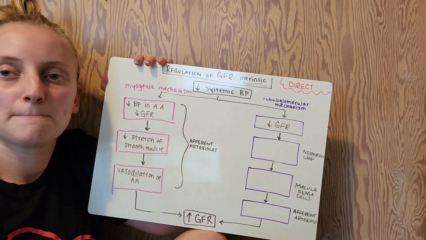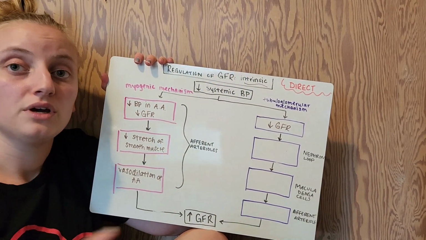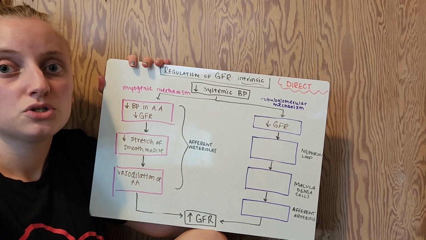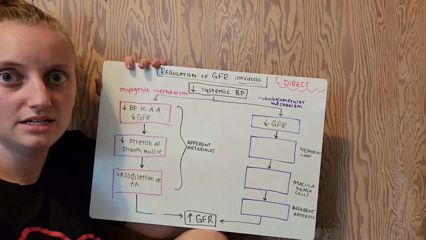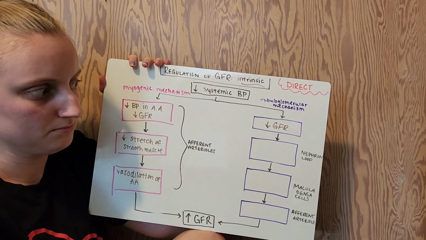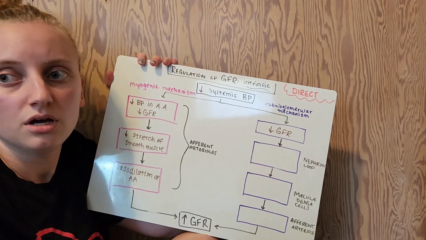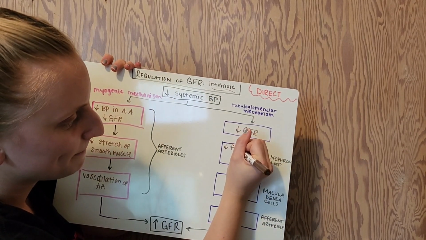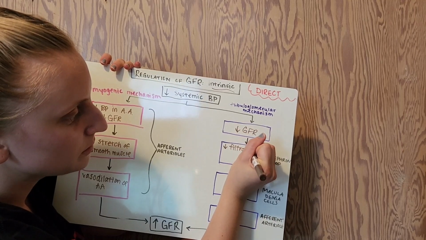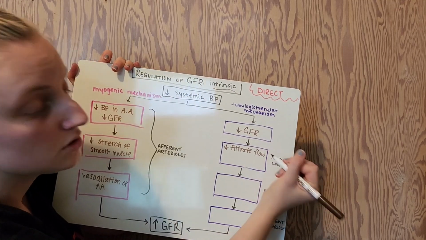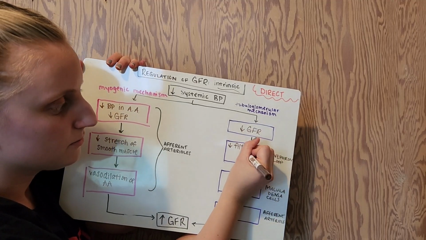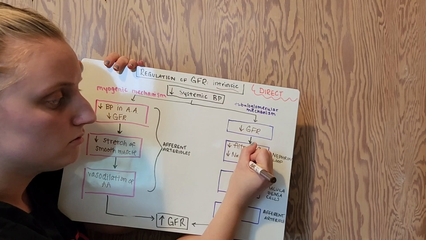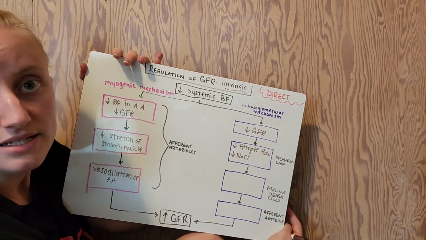Okay, next thing, because of our decreased GFR, we have decreased filtrate flow and decreased sodium chloride in the ascending limb of the nephron loop. So we have our nephron loop, and we have decreased filtrate flow, and decreased sodium chloride or salt in the ascending limb.